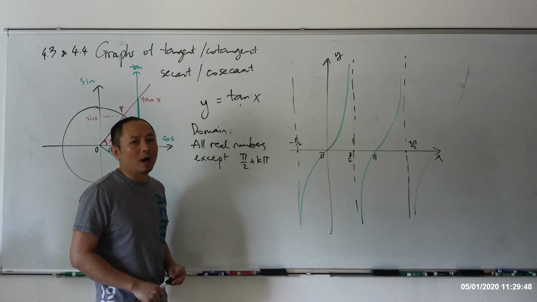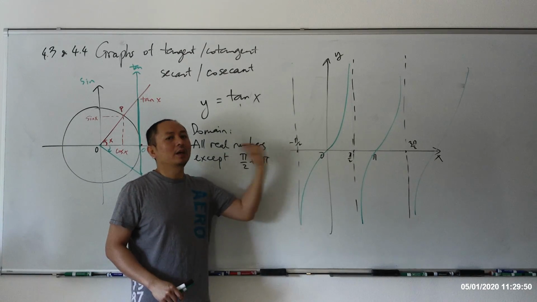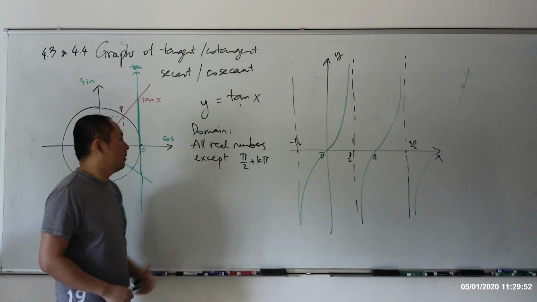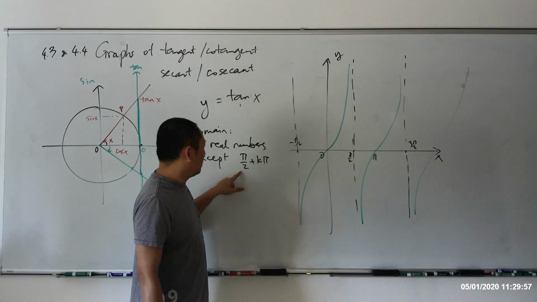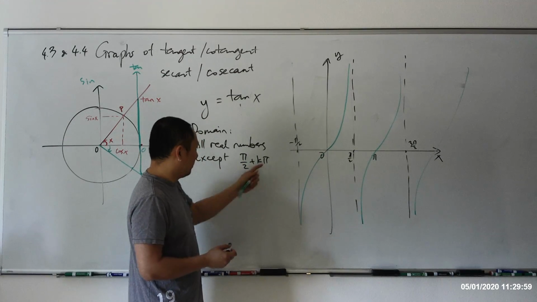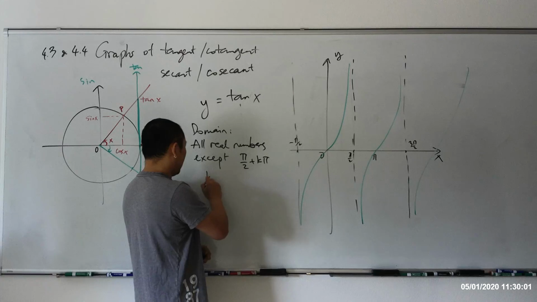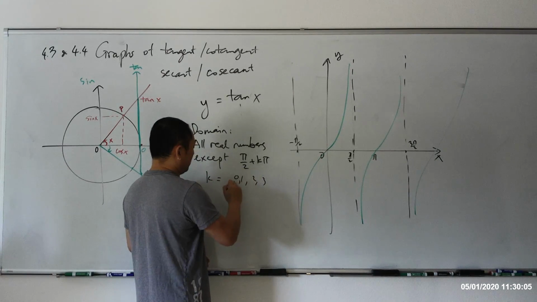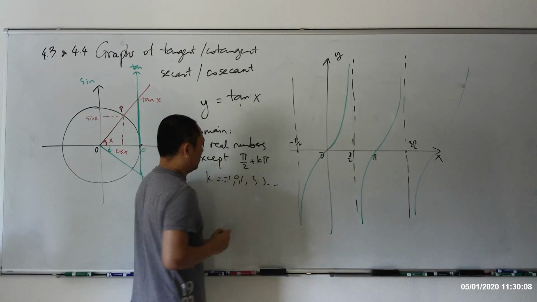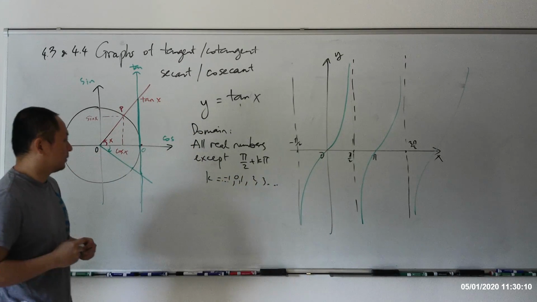So plus k pi in general. Of course, if k is a negative number, it means you go to the left. So in short, people write it this way. It means all the numbers except for the points pi over 2 plus a multiple of pi, where k is 0, 1, 2, 3, negative 1, all integer numbers.